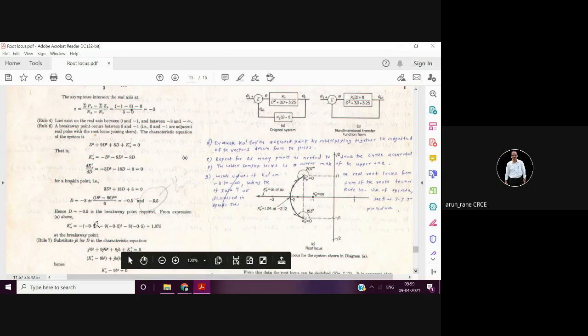Then at the breakaway point, you can find out the value of the constant.